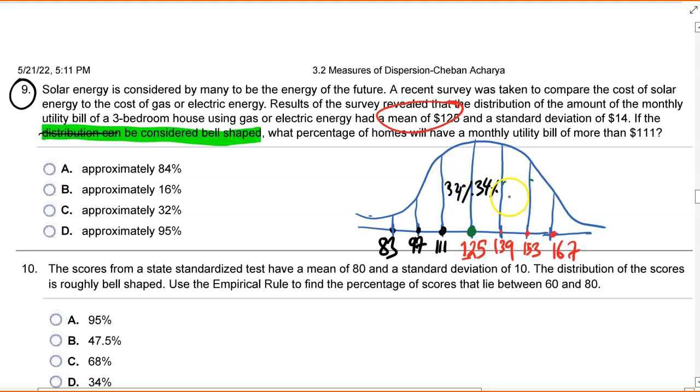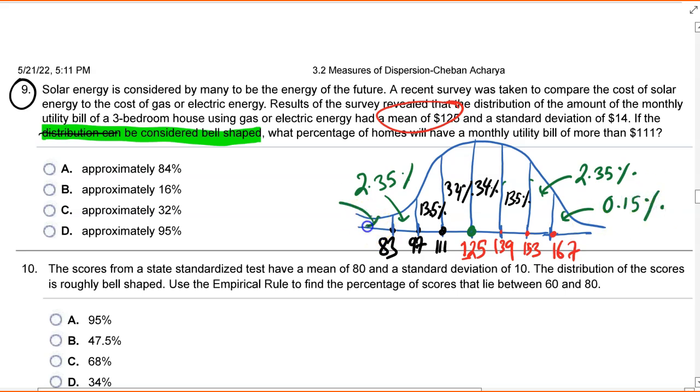You put 13.5% here, 13.5% here. Here you put 2.35%, here 2.35%, here 0.15%, here 0.15%. Again, these are the standard numbers in the empirical rule. Okay, let's answer the question.